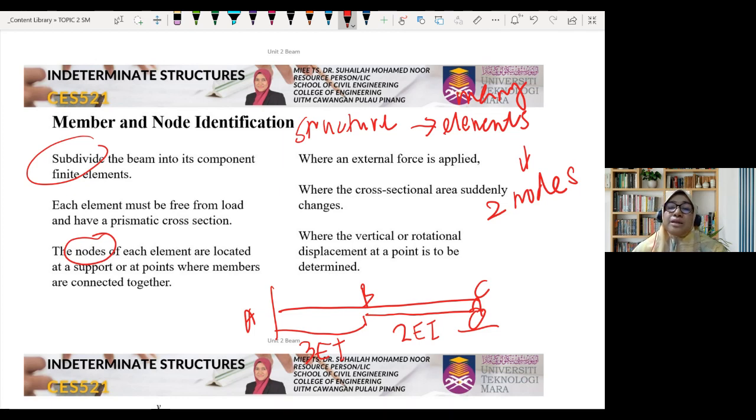We have to divide it into two elements due to the change in the cross-sectional area.